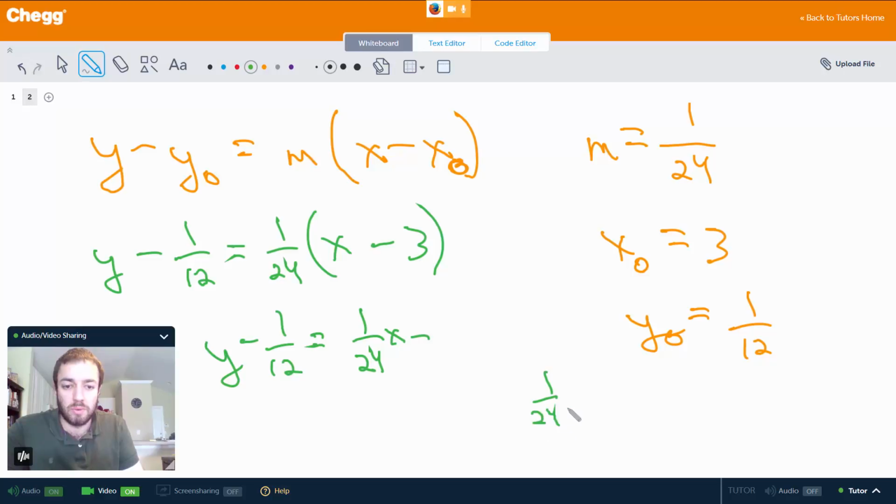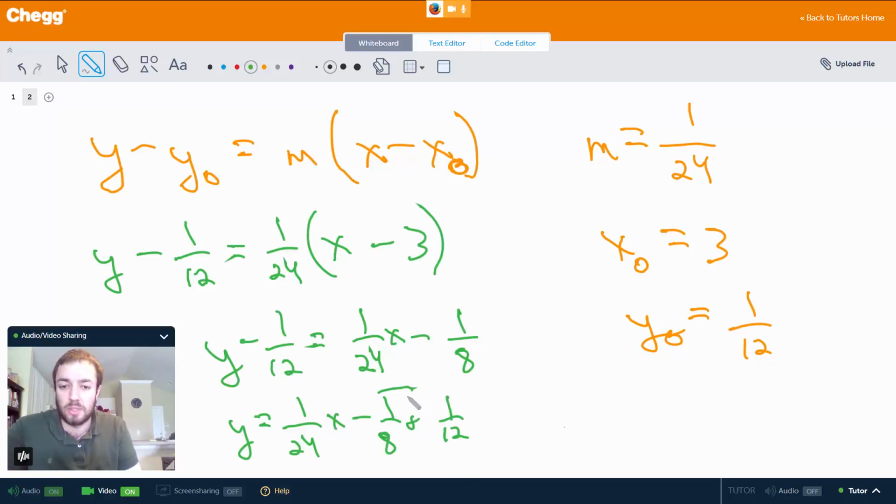So 1 over 24 times 3 is actually going to simplify into 1/8. So minus 1/8. Okay, so let's go ahead and erase that. And then let's go ahead and simplify a little more so we can add 1/12 to both sides. And we're going to get y equals 1 over 24x and then minus 1/8 plus 1/12.